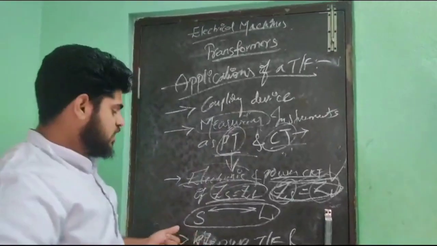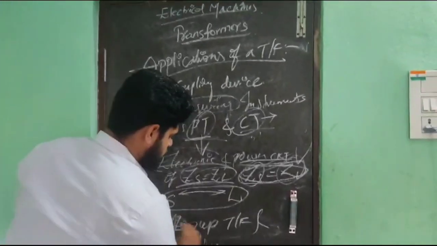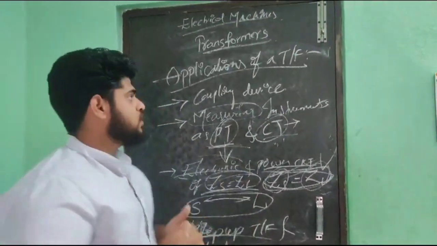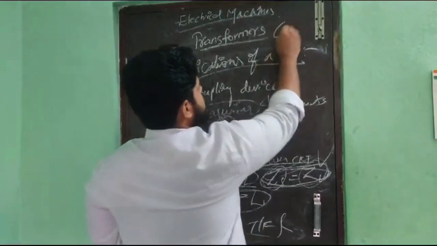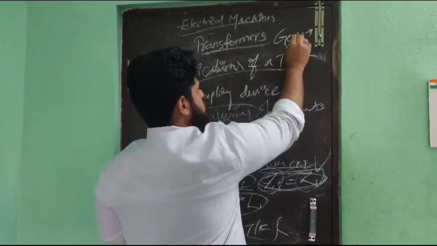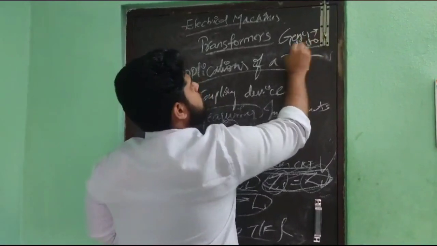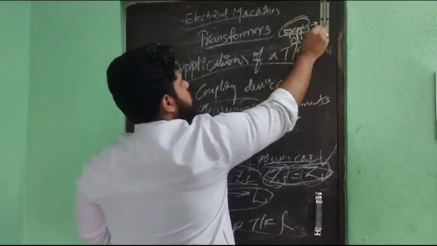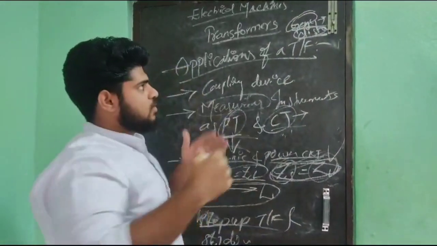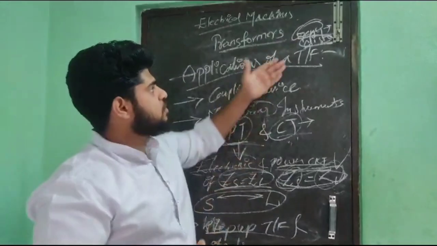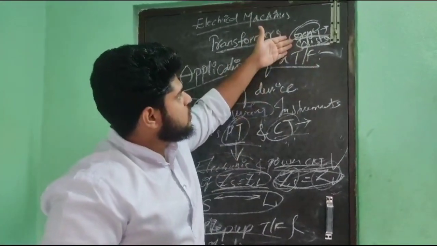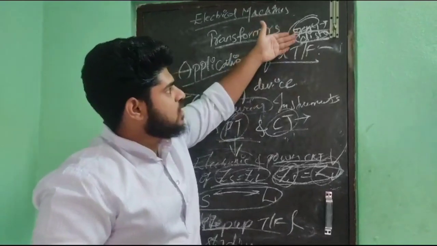As we have earlier discussed, based on the voltage requirement from the generating station to the distribution stations, the huge voltage levels are reduced step by step, and through the distribution it comes to the load consumer.